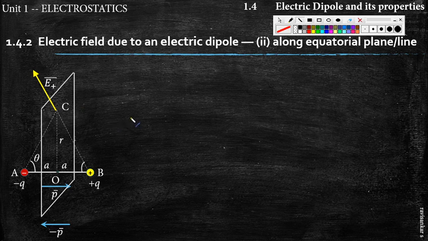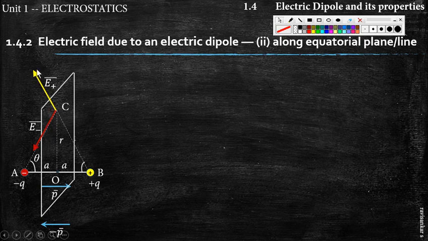Now can you tell what is the direction of the E minus vector that is due to this one? Yes, we have to place a plus charge here, and then that will be attracted towards the minus charge, and hence the direction of the E minus vector is like this. Look at the magnitude of these two, E plus and E minus vectors.